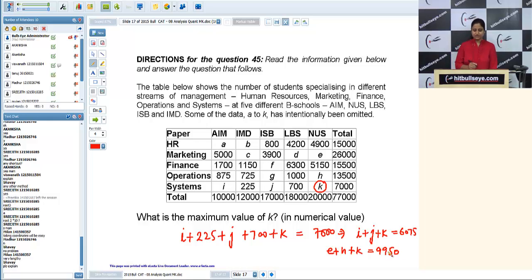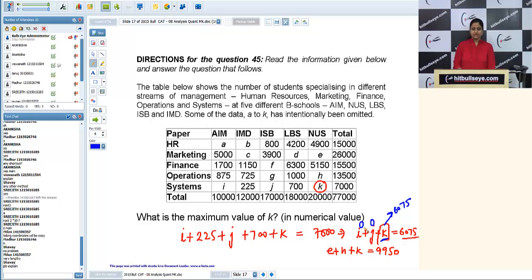Now this was a question without options, so we cannot make use of options here. Can you say the maximum value of K by taking these two equations can be 6075 only? But we have to cross check other variables as well. K can maximum be 6075. We cannot go further. Correct? Is it okay? If we consider K as 6075, it means we are considering that I is 0, J is 0.